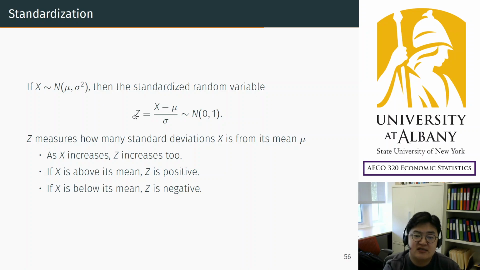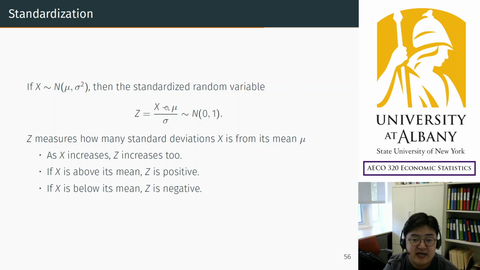As we promised, we are going to denote the standard normal distribution as Z. So usually we write Z equals x minus mu over sigma. Standardized normal distribution, right? Then you may interpret Z as measuring how many standard deviations x deviates from its mean, right?